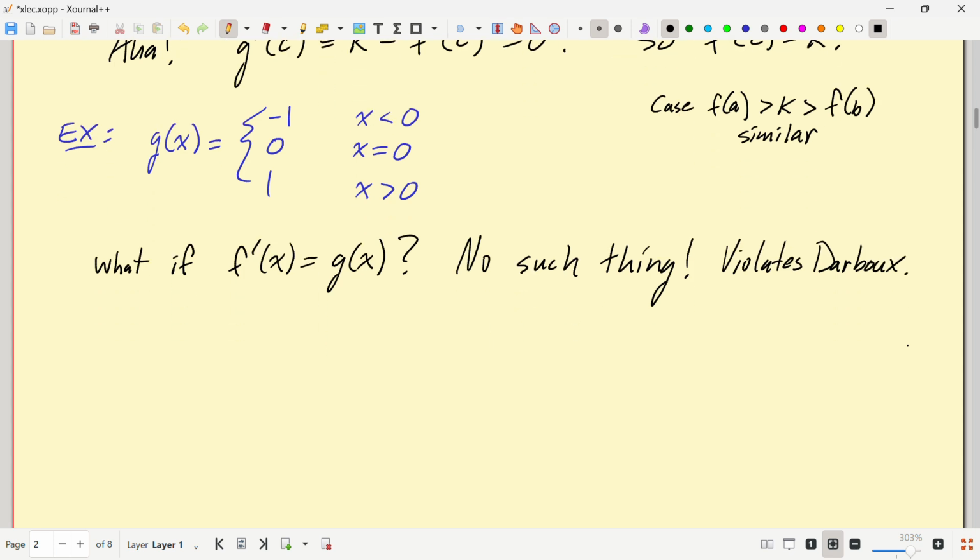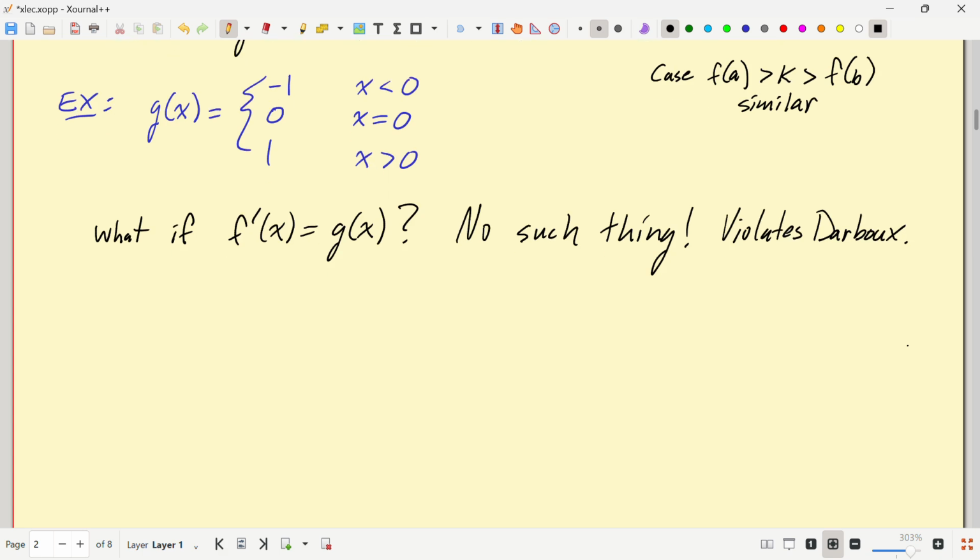In fact, if you think about it, you know the fundamental theorem of calculus, even though we're pretending we don't. So what would be the f of x? f of x would have to have a slope of minus 1 to the left. You know what a slope of minus 1 means? It's a line. So it would have to be equal to minus x plus some constant.